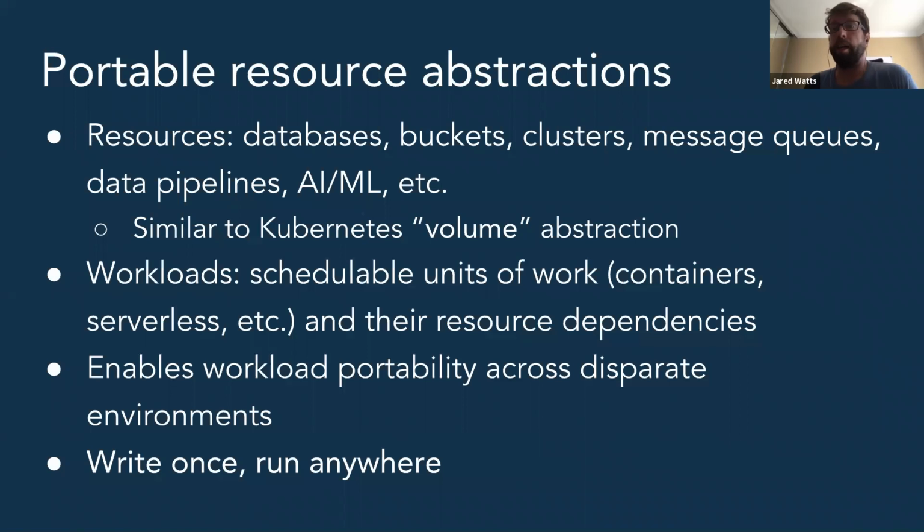So here's where I think it gets real interesting, is this whole concept of portability that we've been talking about. Workload portability is a big goal of this project. And the way that Crossplane is doing this is in a very familiar way that you're probably already used to for what's done with volumes. With volumes, you can have a persistent volume claim and a storage class, and that enables a particular storage request to be fulfilled in a general way.